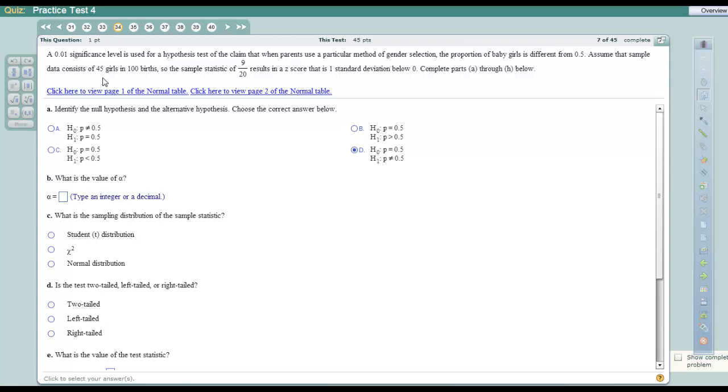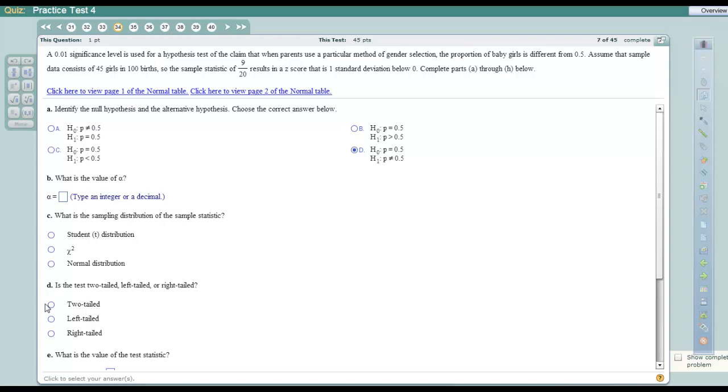Well, it says it's a z-score that is one standard deviation below 0. We know that it's a z-test because that's what they just said. If they're doing z, it has to be a normal distribution. Is the test two-tail, left tail, or right tail? Two-tail because of not equals to.